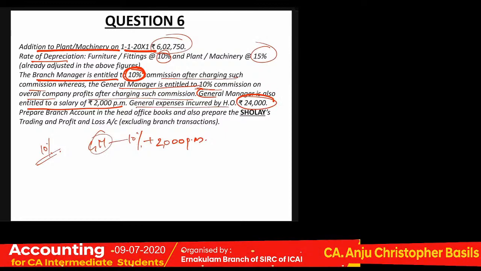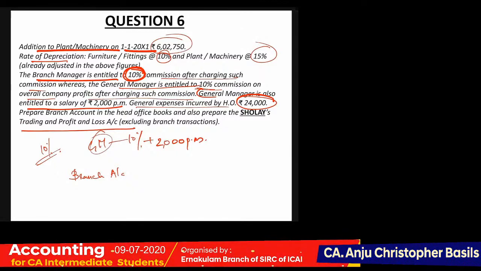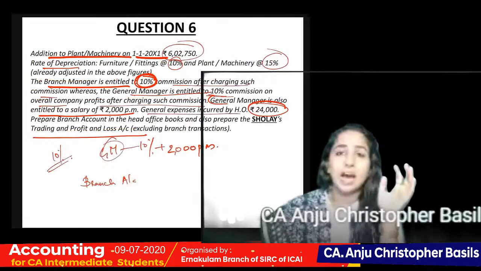What is the question? Now, what are we actually asked to prepare? We are asked to prepare the branch account in the head office books and also the trading profit and loss account of the company as such. So this is the requirement, two requirements actually. One is the normal branch account, which we have already learned how to prepare.